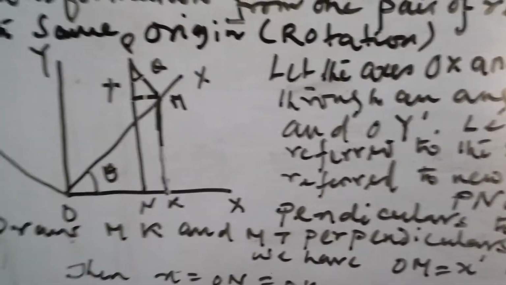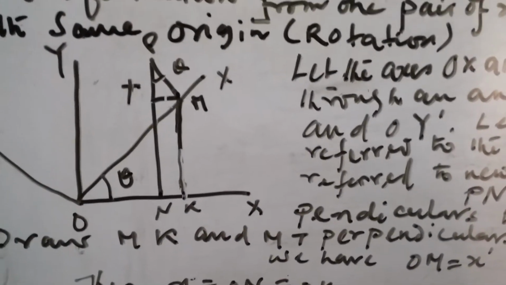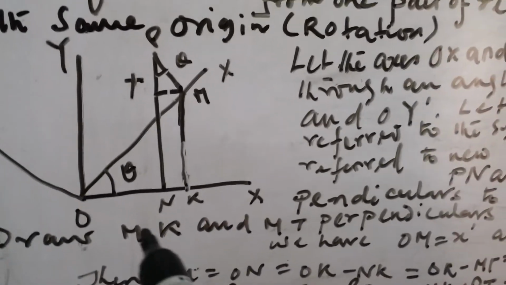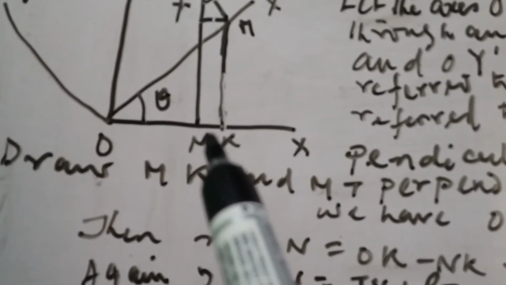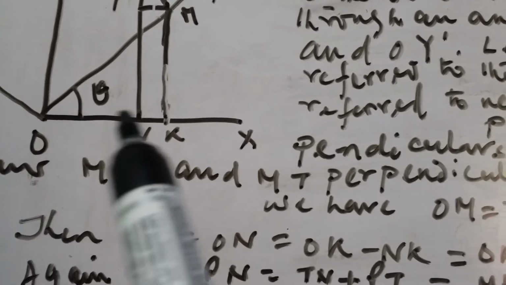Now, what is ON? ON is equal to OK minus NK, and NK means TM.